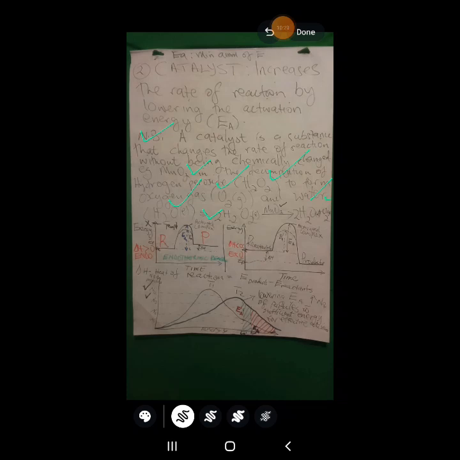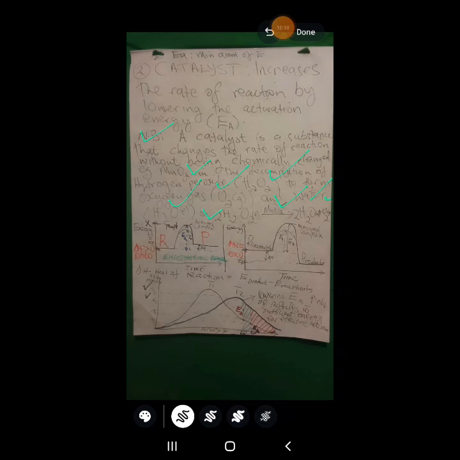Now, you realize that I wrote my manganese dioxide above the arrow there to show that it is a catalyst, and I do not need to balance it in my chemical equation. So very important to realize that.